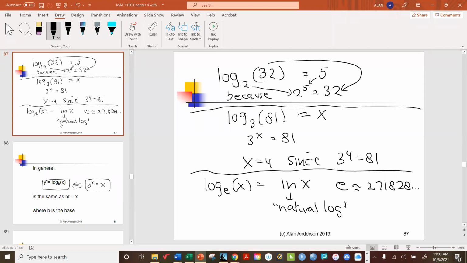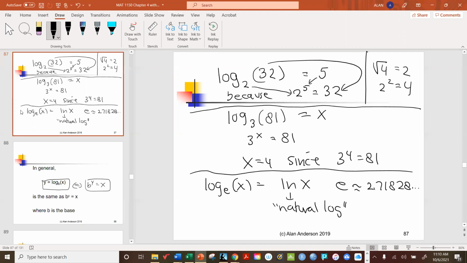Just recognize that log base 2 of 32 equals 5 means that 2 to the 5th is 32. They both represent the same information. It's kind of like these both tell me the same thing. So the same thing is going on here. Log base 2 of 32 is 5 is equivalent to saying 2 to the 5th is 32.